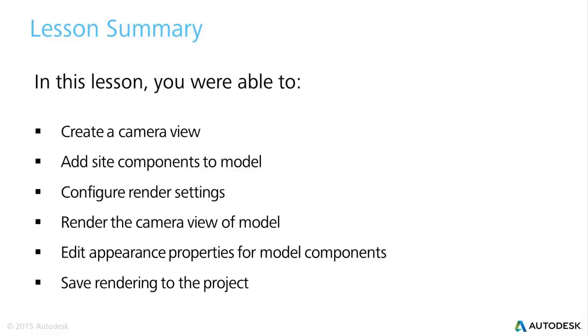We were able to configure render settings to get the right kind of output that we were looking for. We rendered the camera view of the model, and then after looking at that, we went back and modified the appearance properties for a couple model-based components, and then recreated the rendering again to help iterate the design process.